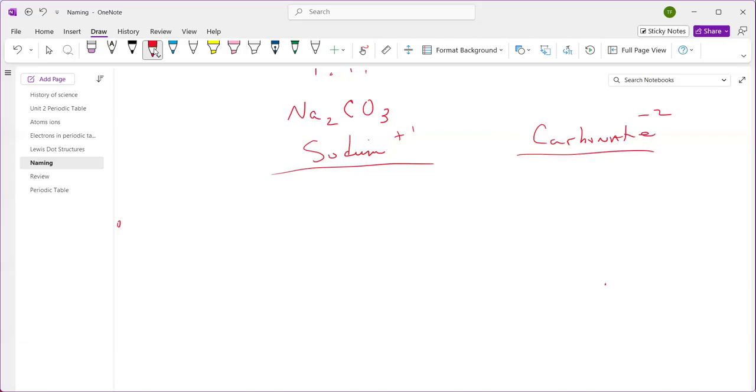How about aluminum sulfate? Okay, what's the charge on aluminum?